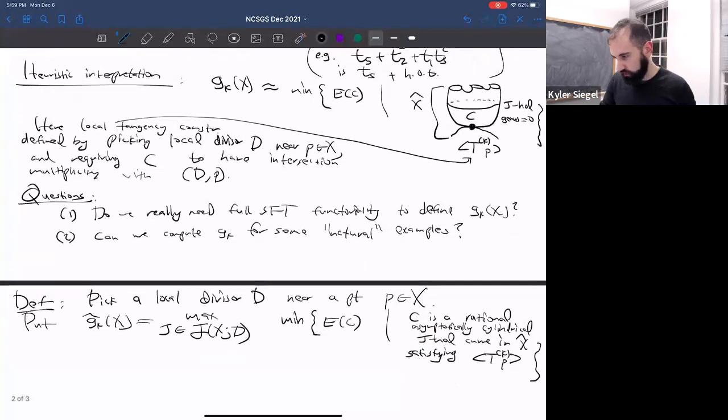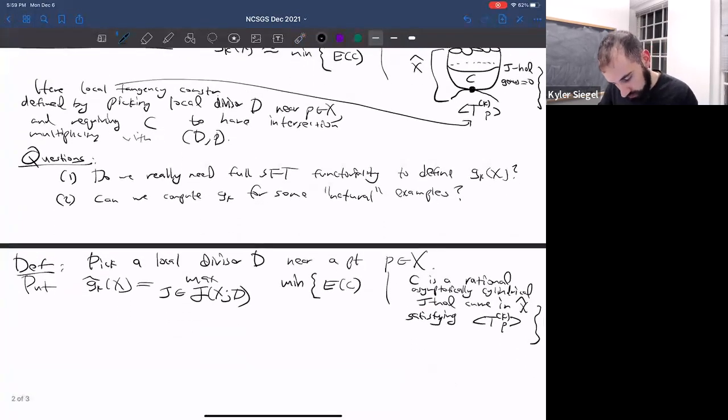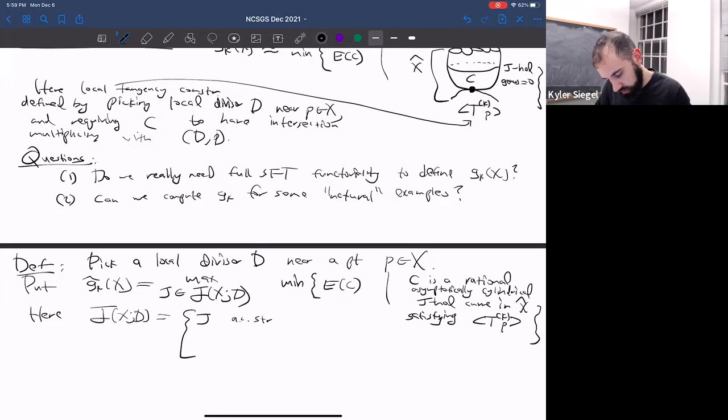More precisely, the class of J. So this is just the space of all almost complex structures J on the symplectic completion of X, which are admissible in the SFT sense.